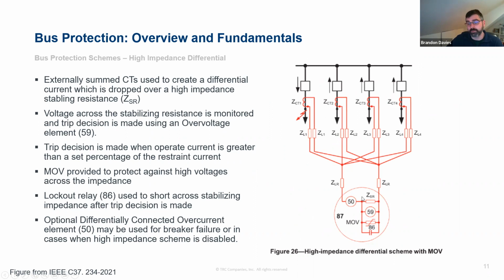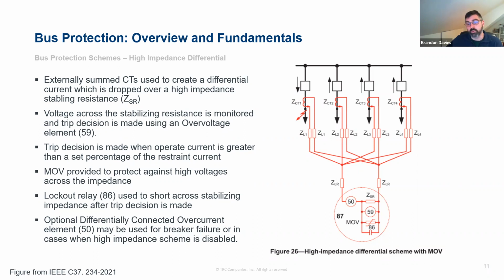So in your other the percent restrained differential or the differentially connected overcurrent, you're looking at a current as your operate quantity, and in general you're trying to reduce the burden connected to the CTs to prevent them from saturating, from having that CT performance and accuracy issue.